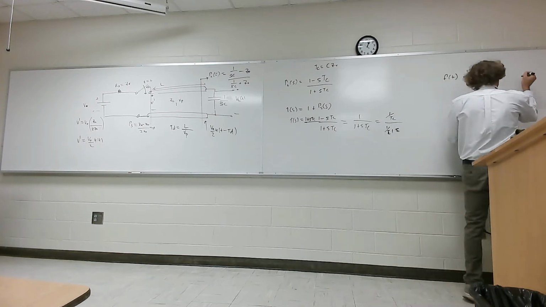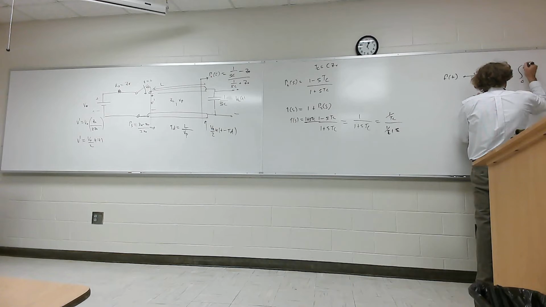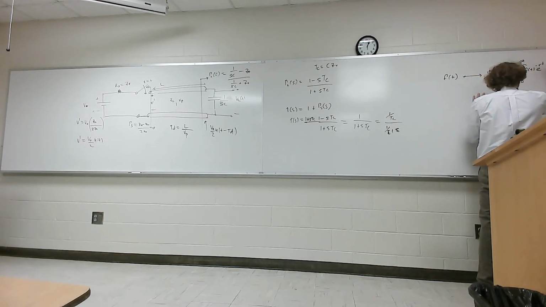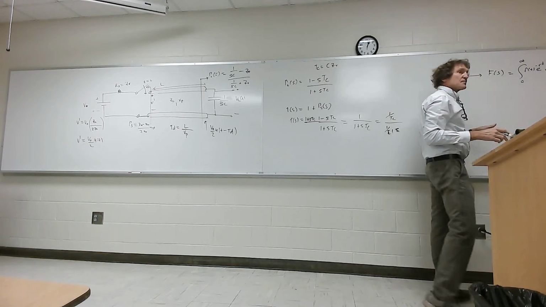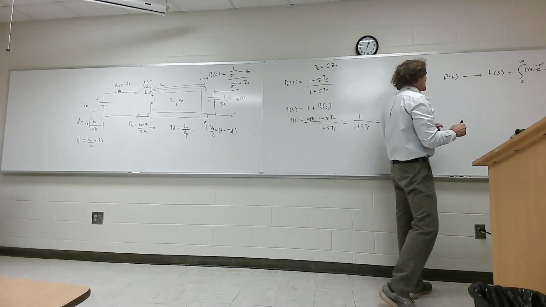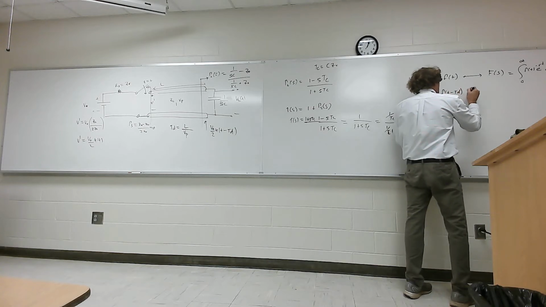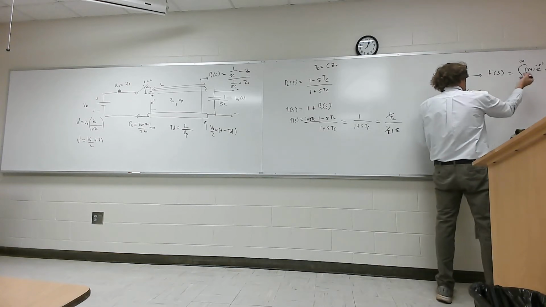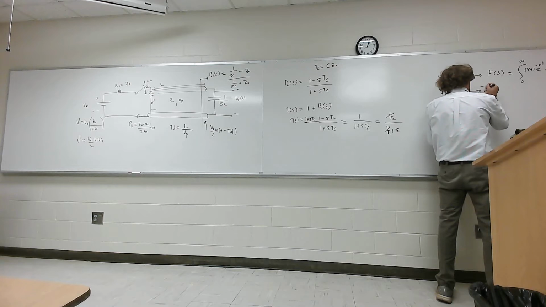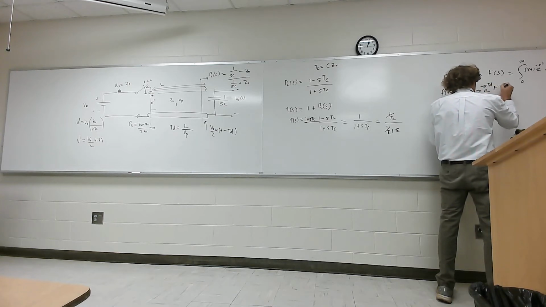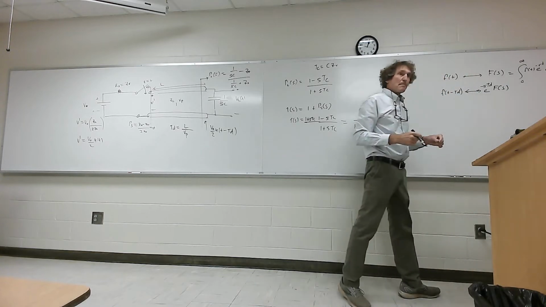F of s was defined as the integral from 0 to infinity of f of t times e to the minus st dt. That's just fundamentals. Now, if you had f of t minus td, I'm not going to prove this, but it's fairly easy to. That simply gave a time delay, a phase shift, e to the minus s td times F of s. Does everybody remember that?